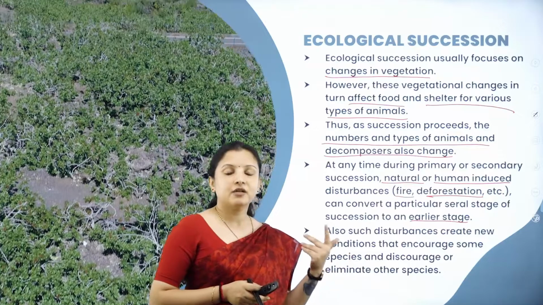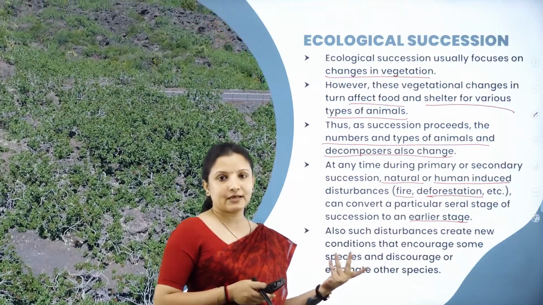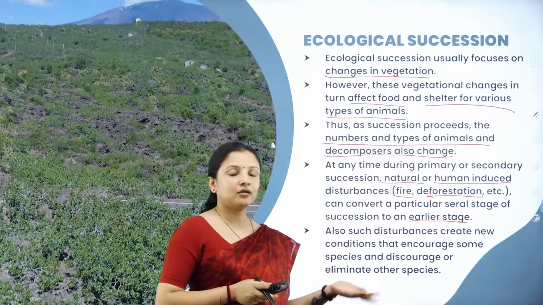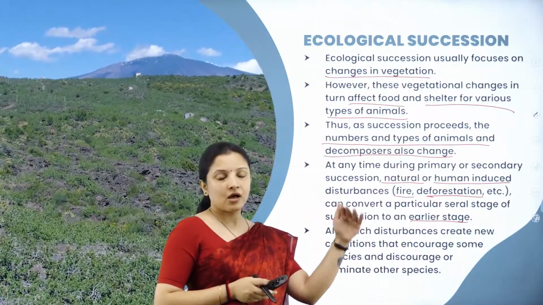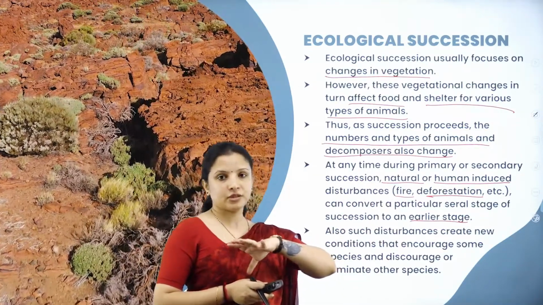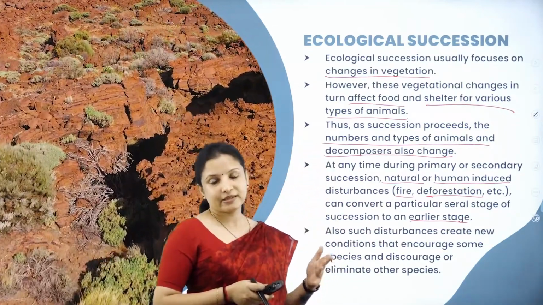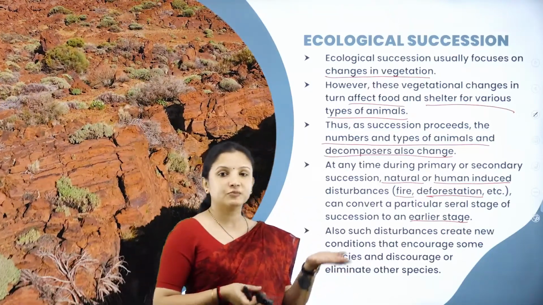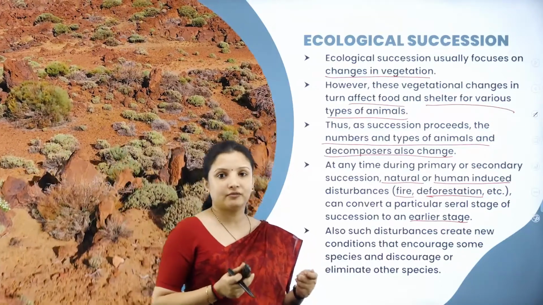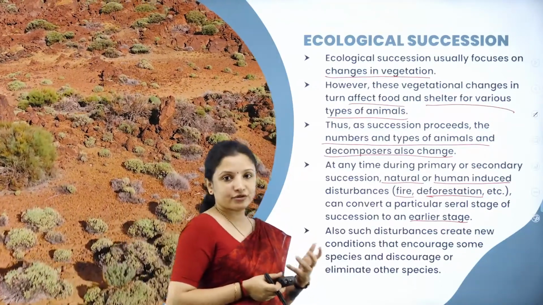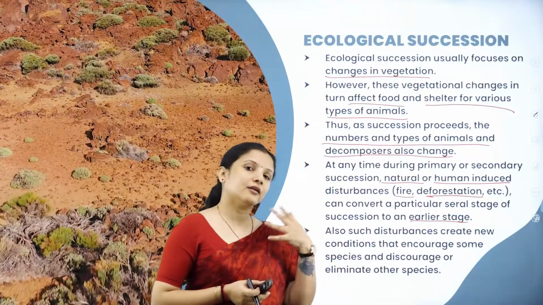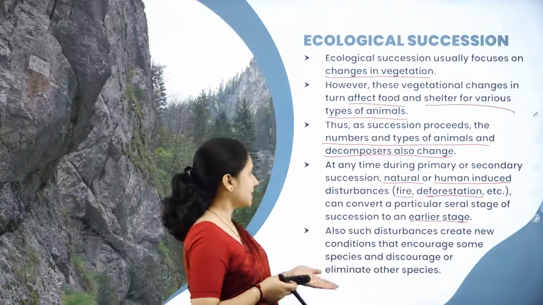For example, with volcanic eruptions, earlier trees were there, but after the eruption, wherever the molten lava flows, the trees will get completely destroyed and the soil will be lost, because that entire area will become solid in the form of rocks, porous rocks. Therefore, sometimes secondary succession can go back to primary succession as well.